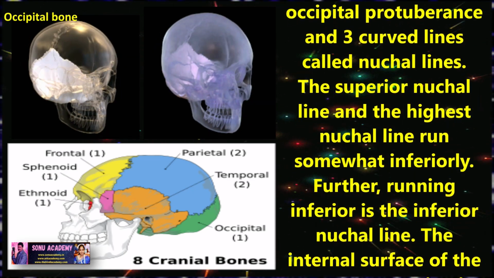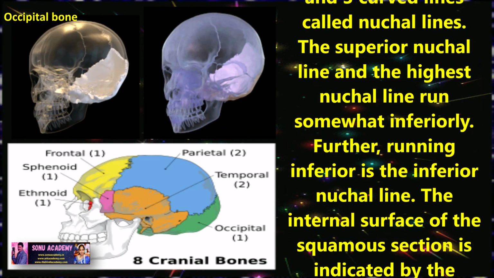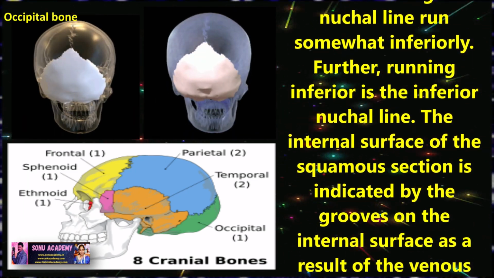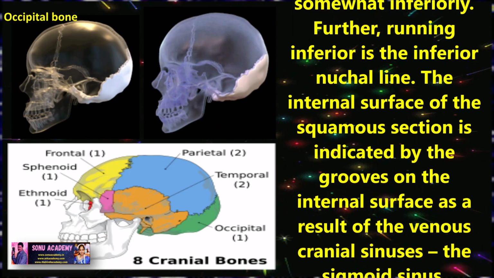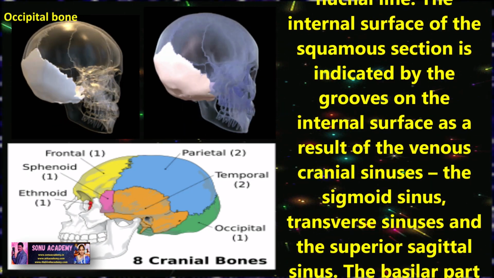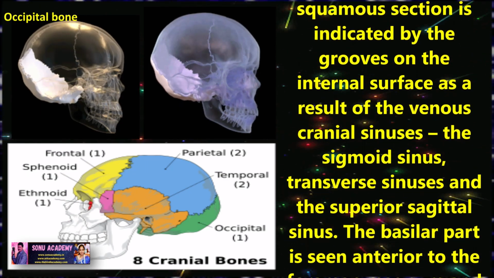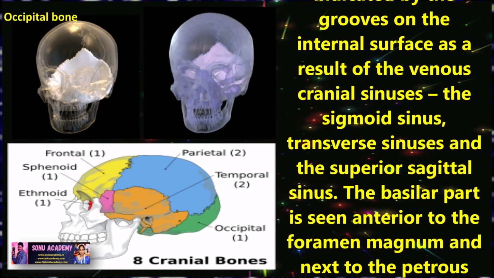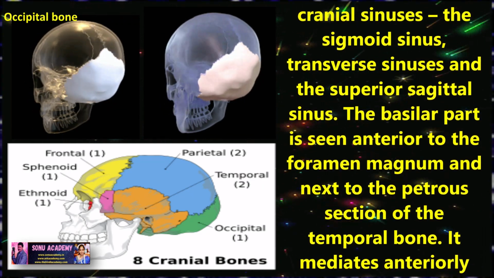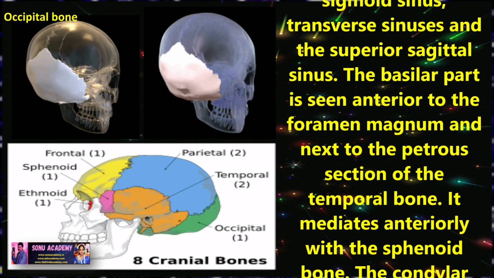The superior nuchal line and the highest nuchal line run somewhat inferiorly. Further inferior is the inferior nuchal line. The internal surface of the squamous section is indicated by grooves as a result of the venous cranial sinuses: the sigmoid sinuses, transverse sinuses, and superior sagittal sinus.